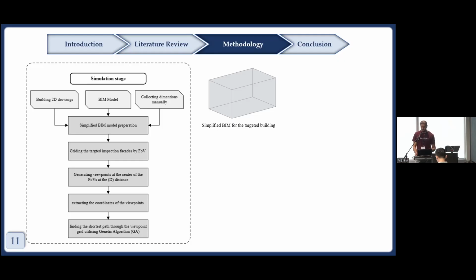If the BIM model is not available, it can be created from the 2D drawings or by taking manual measurements. Basically, we need a simple 3D model, just the measurements and the simple facades of the building. We don't need any architectural details of the facades.